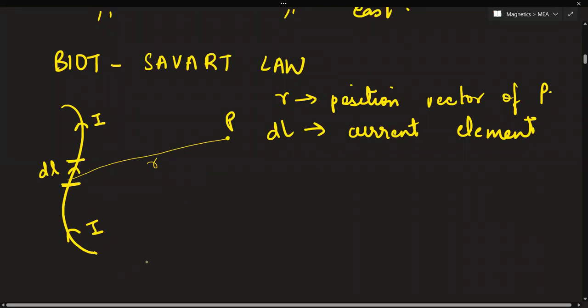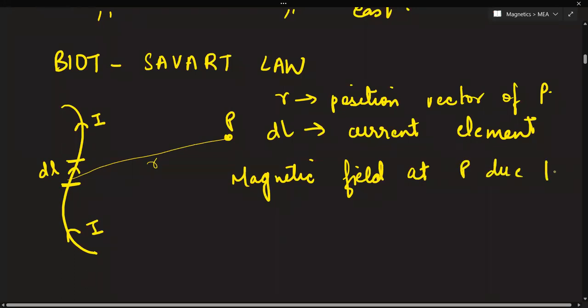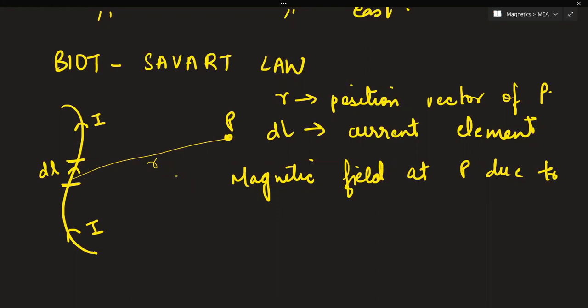Now we have to find out the magnetic field at this point P due to, and this law is very important. More than numericals, your whole derivation is based on this law.